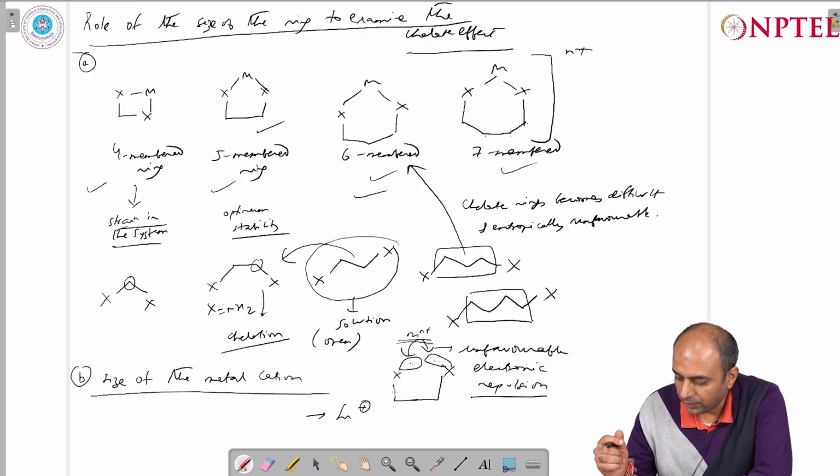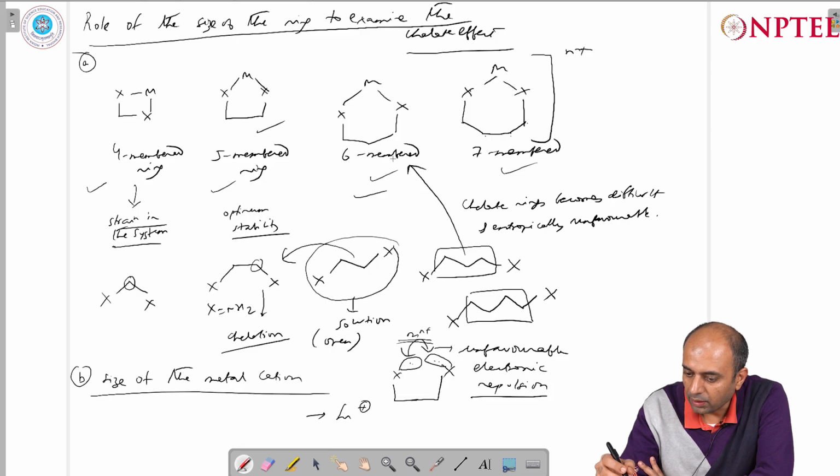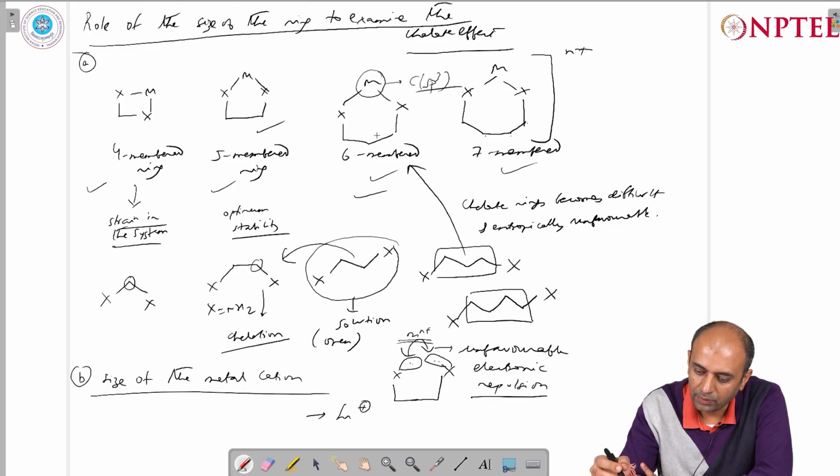And it has been observed that if you go for the 6-membered rings, then what is important is that it would be best to have a metal atom whose size resembles that of the sp3 carbon in cyclohexane, so that there is no strain set up within the system.